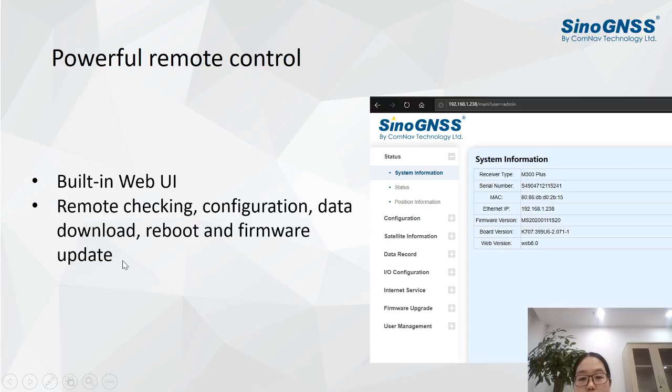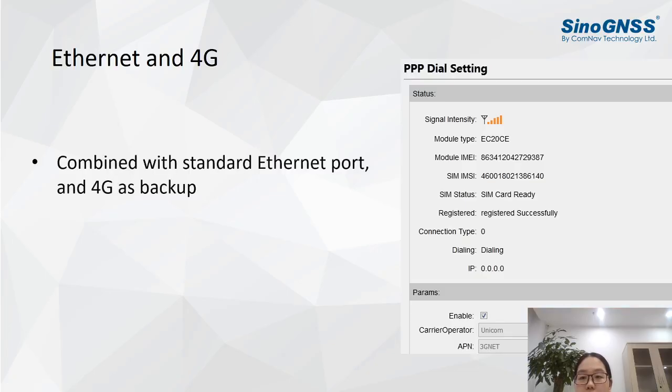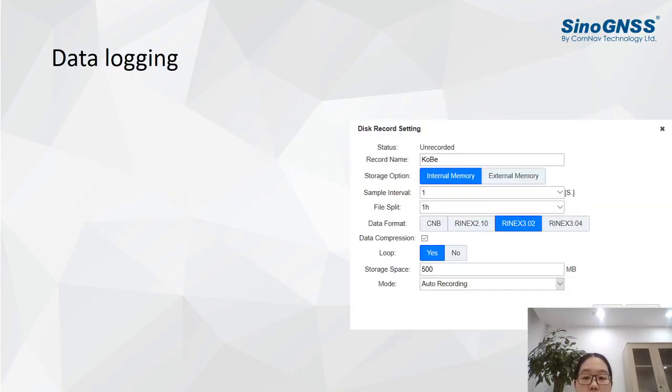You can remotely check, configure, download data, report, or do firmware updates. And Ethernet and 4G are combined, with a standard Ethernet port and 4G as backup, to make sure of reliable data transmitting, data logging.